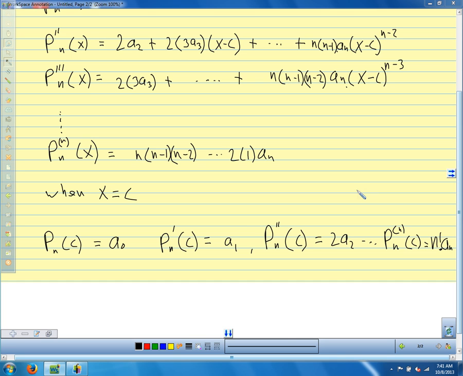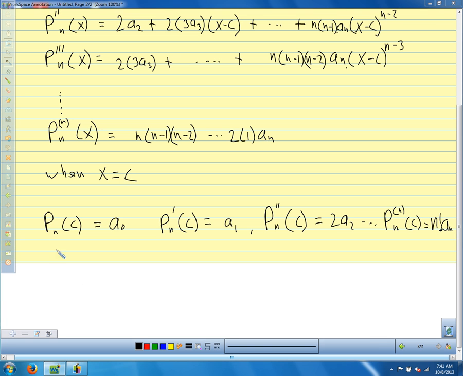And I equate these with my function evaluated at c. So f of c has to equal a0.